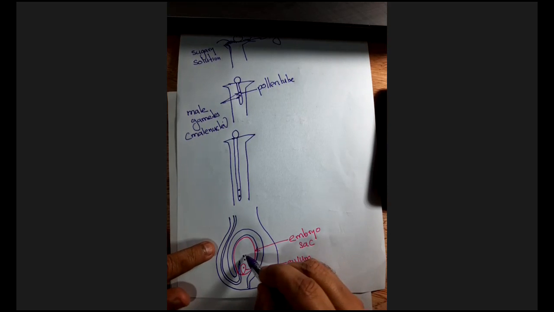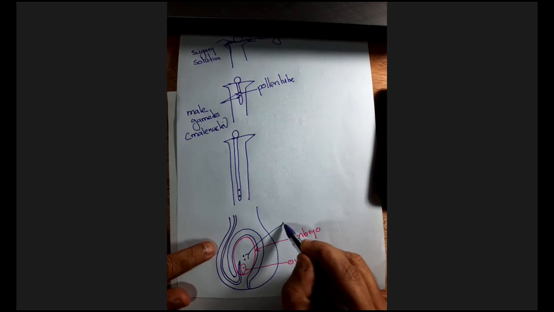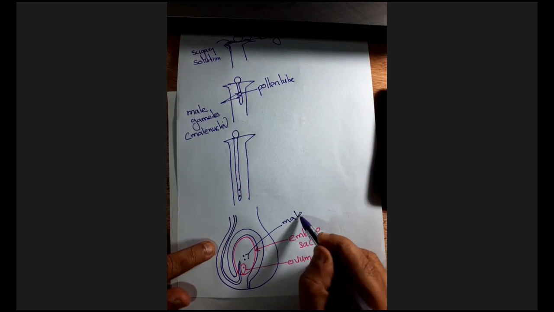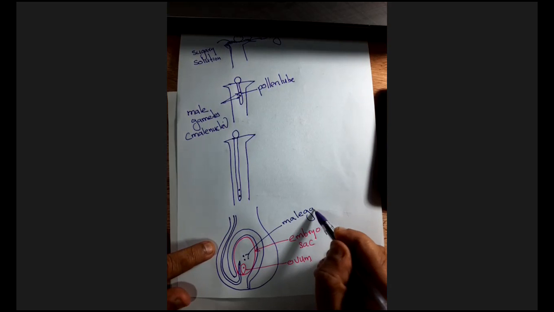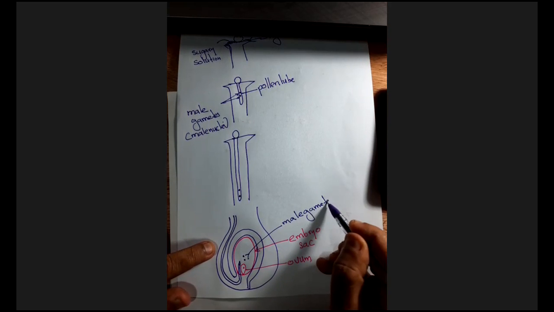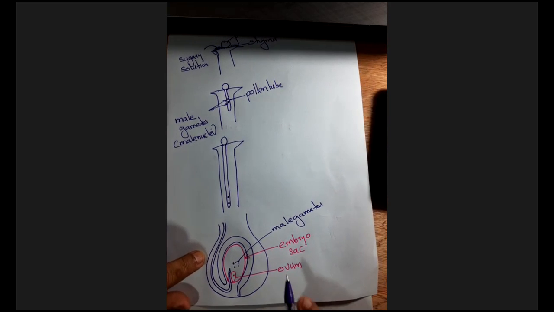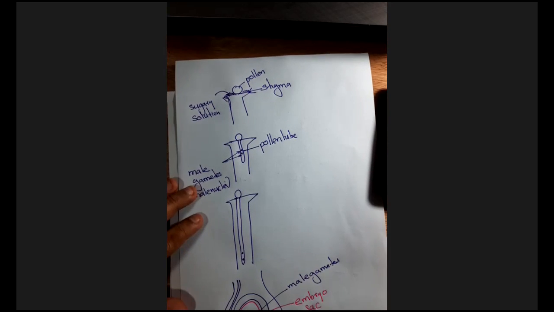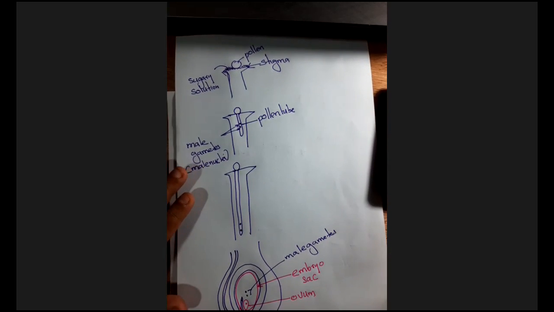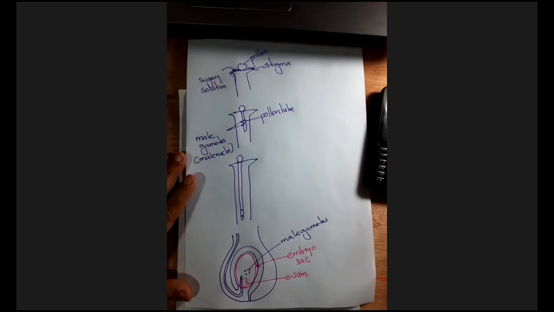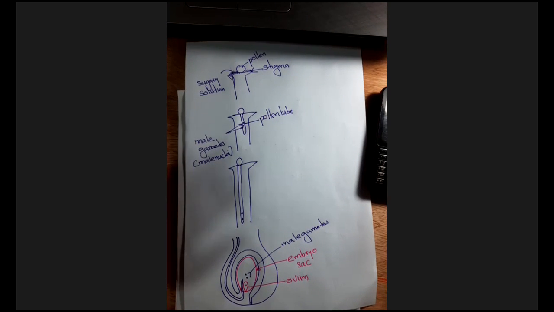So here now male gametes have come inside. One of the male gametes will fuse with the egg cell. When the egg cell and the male gamete fuse, the output is called zygote.